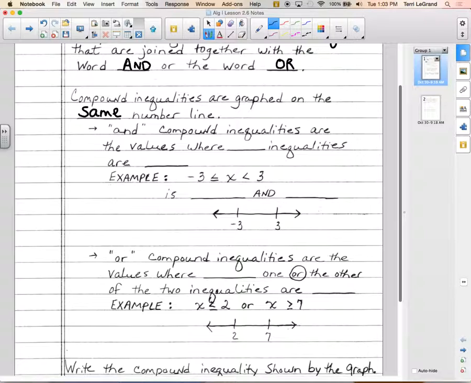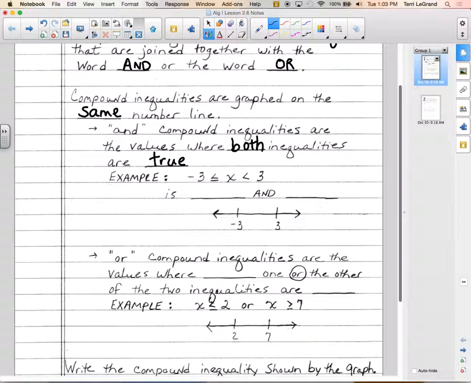So when we have an and compound inequality, we have the values where both of the inequalities, just like load the dishwasher and pick up your room, have to hold true. In other words, any values you choose for the variable have to make both inequalities true. Here's an example.